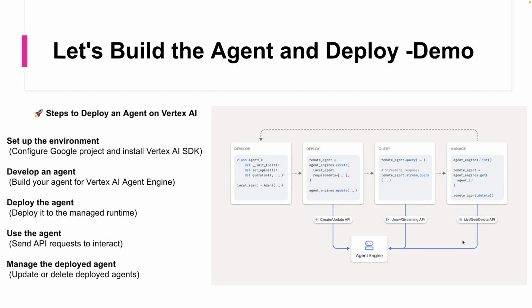And finally you manage the deployed agent: update, delete, or list your agent engine. Right now you can only manage agent engine using the CLI method. The GUI console way is still not in preview mode, so once it is available you can see your agent engine endpoints over there.